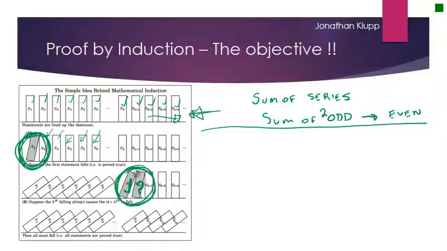So we're going to show that if you assume that the kth version of the pattern is true, then let's just verify that the k plus 1th, which is the next one, will be true.